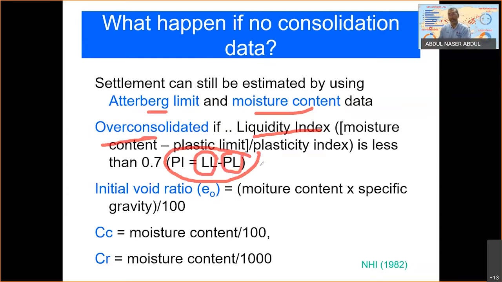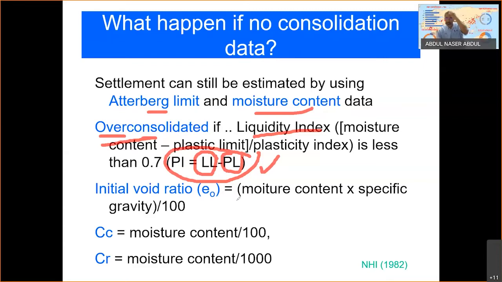And this plastic limit and liquid limit test can easily be done in the lab. You take a sample and go to the lab and you can do it quickly. Then you can get the liquid limit and plastic limit quickly. Now you know already, you can decide whether it is over or normally consolidated. Next one, the void ratio.